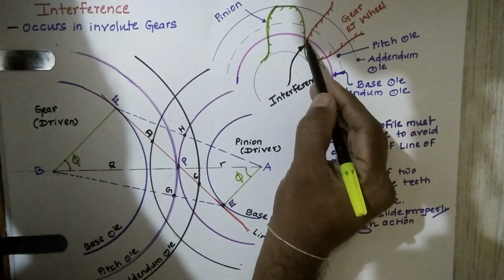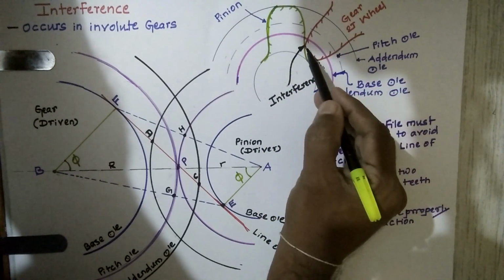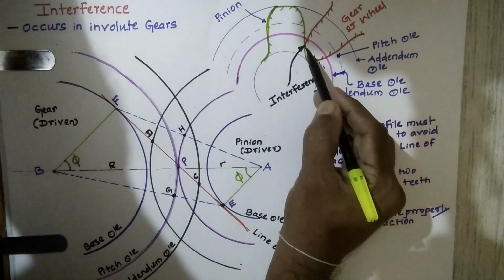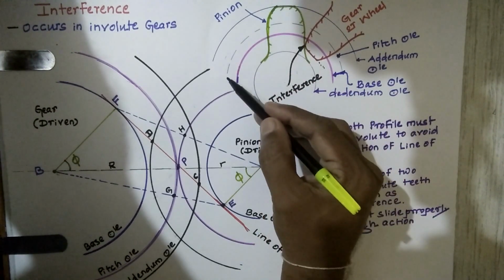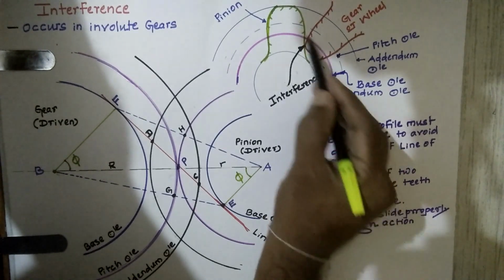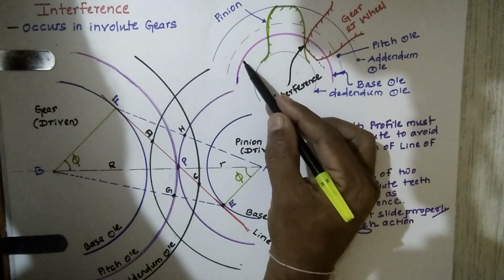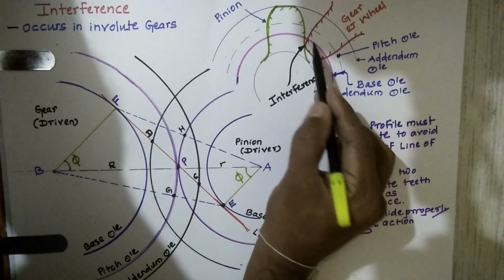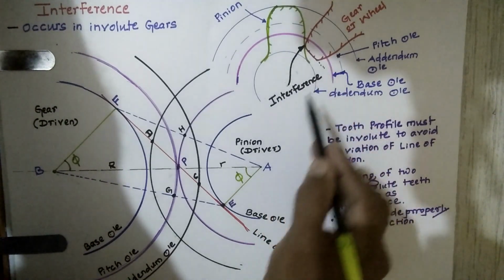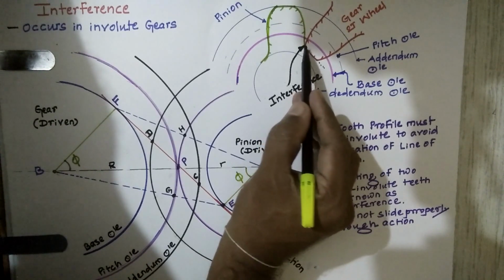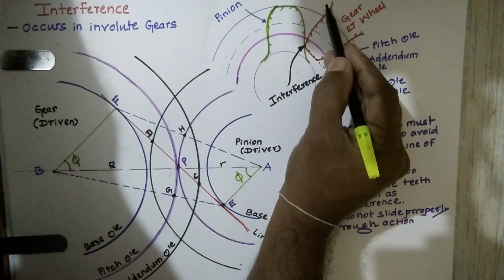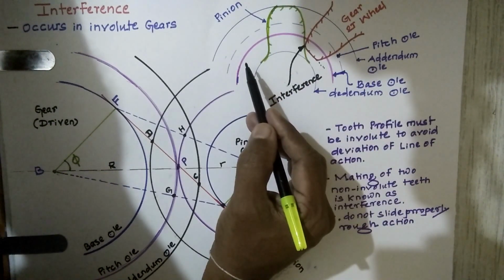Look at this one, the mating of the wheel is below the base circle of the pinion. Then this mating of the wheel or gear below the base circle will create an interference. Look at this one. If it is a mating above the base circle, interference will not occur.